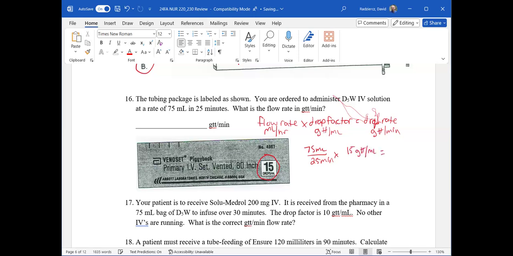And you'll get 45. Where this changes a little bit is, let's say it told you 75 milliliters in an hour. Then you would want to put 75 over 60 minutes, or make sure you convert hours to minutes, because you're looking for drops per minute.